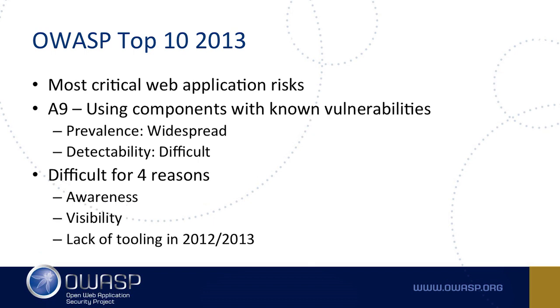And part of that was because there was a lack of tooling, because of lack of awareness. So there was no tooling in 2012, 2013. Since about 2012 or 2013, there are a lot of tools coming out in this space, a lot of commercial tools. Dependency-Check is one of the leading tools in this space, but we'll talk more about that later.